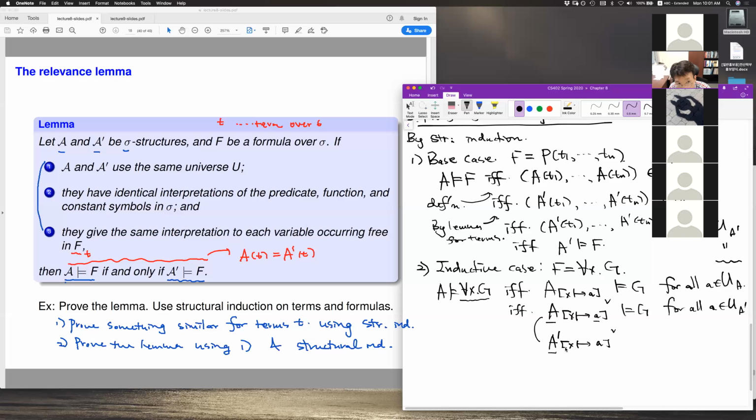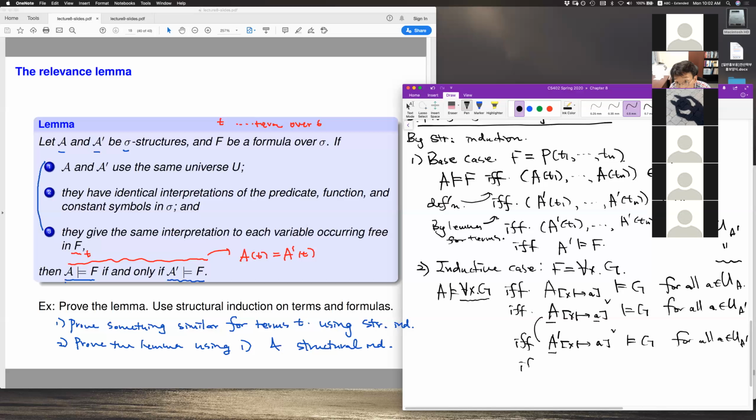In other words, the assumptions of the lemma are going to be true for A updated and A prime updated, and formula G. So by this, we can write it like this for all a in U sub A prime.